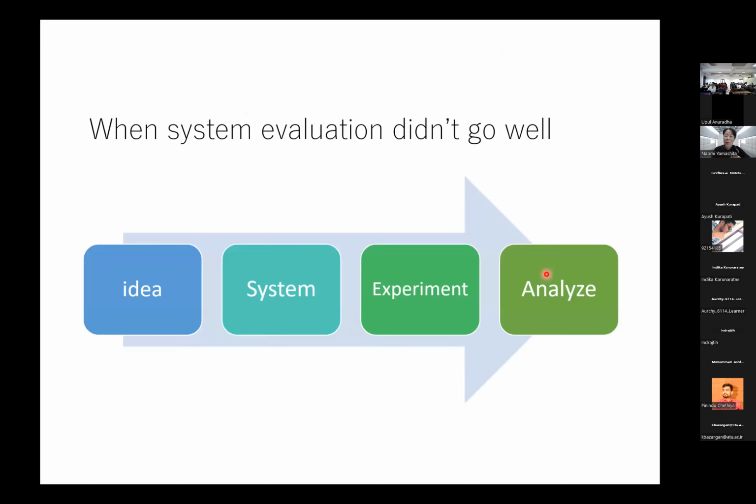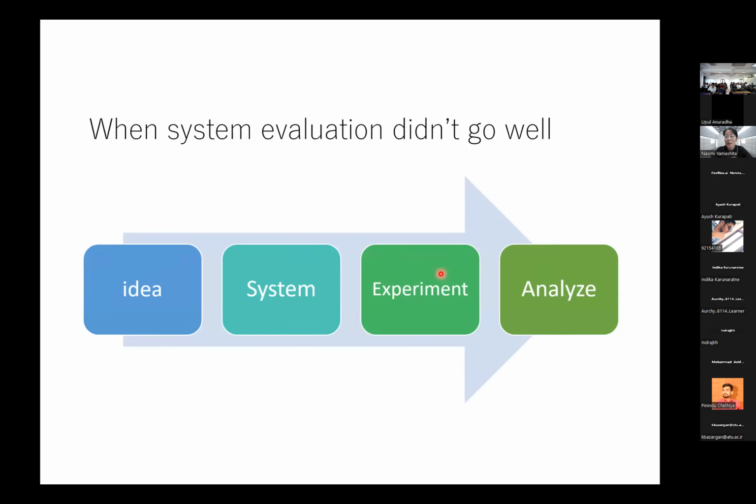Okay, so now moving on to the next example. Many of us, based on theories or prior research findings, come up with some ideas to improve a problem, and then design a system to implement the idea and conduct an experiment or a user study to evaluate the system.